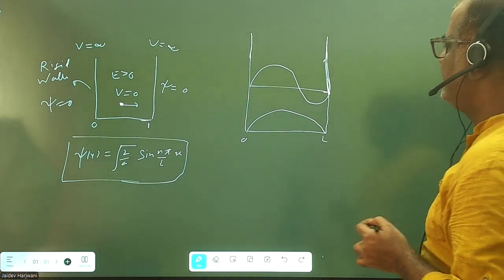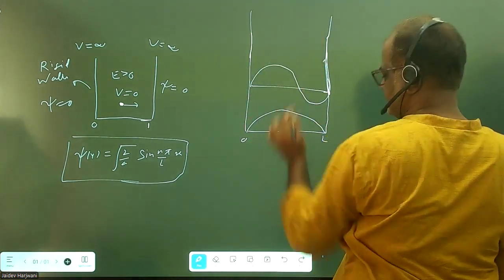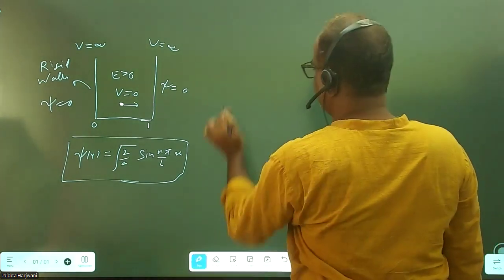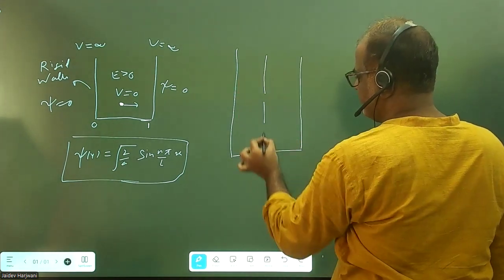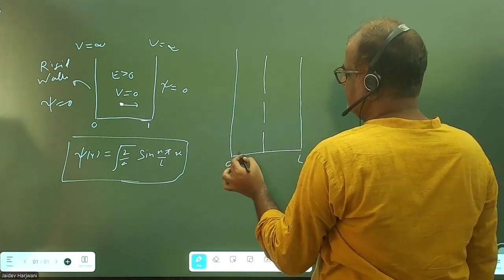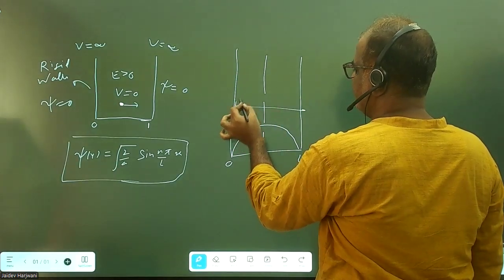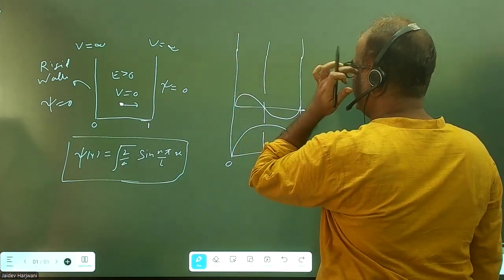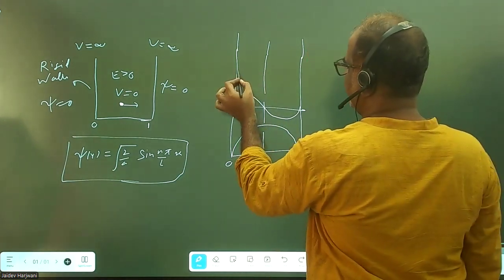And similarly for the second excited state, I'm not drawing properly, so let me draw in a symmetric way. This is the middle of the box, this is 0, this is L. Say this is my ground state. This will be my first excited state. And similarly, you can draw the second excited state.